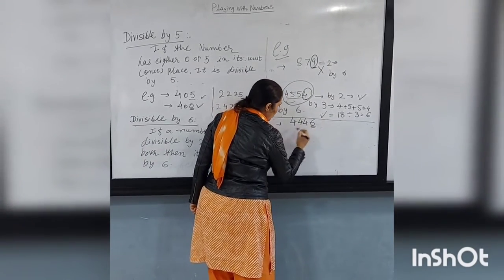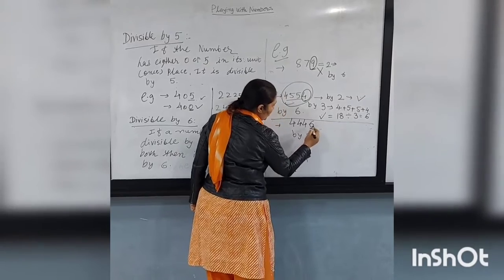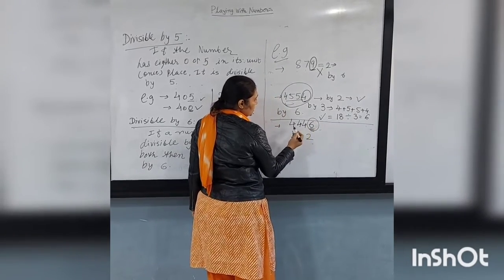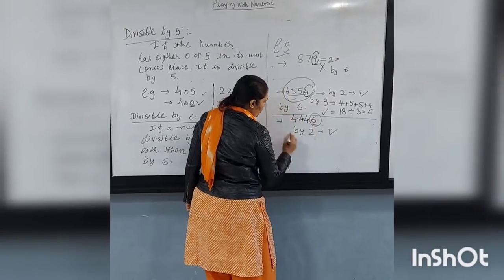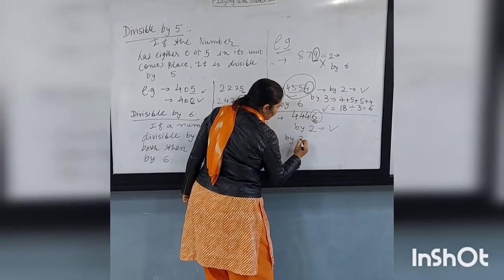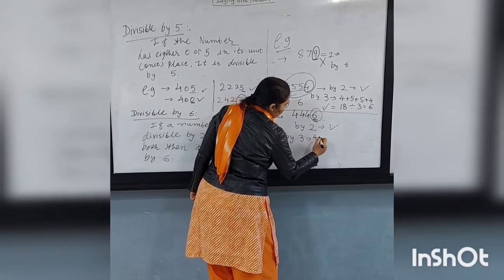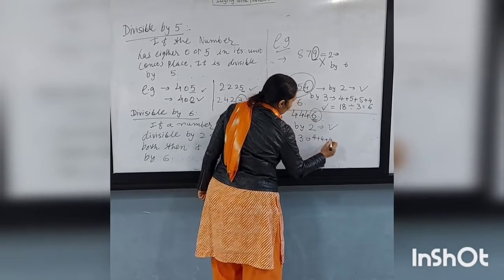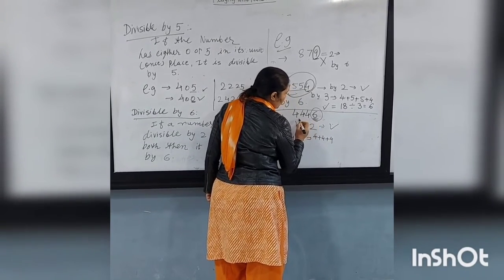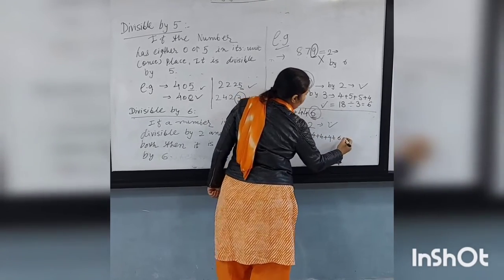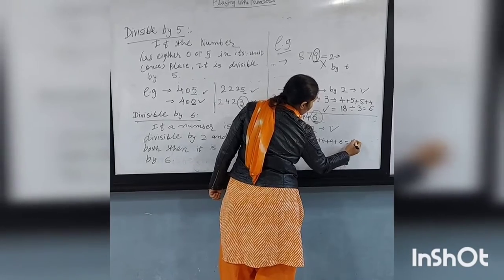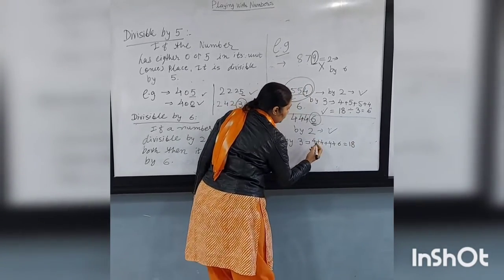4446. Now by 2. On units place we have 6 in this number. So this number is also divisible by 2. Now for by 3. 4 plus 4, 8 plus 4, 4 3s are 12 plus 6 is also 18.